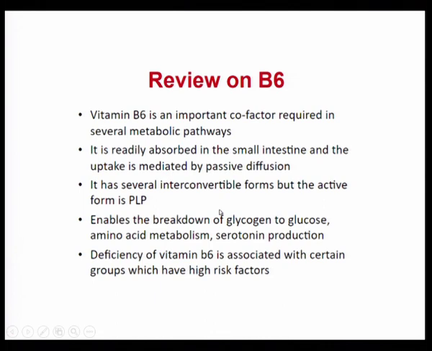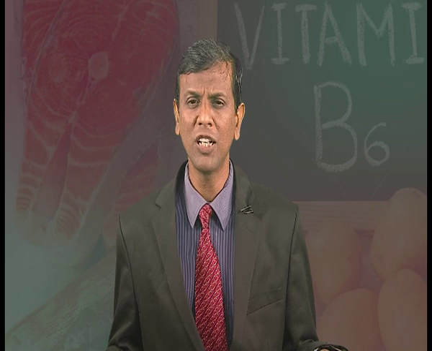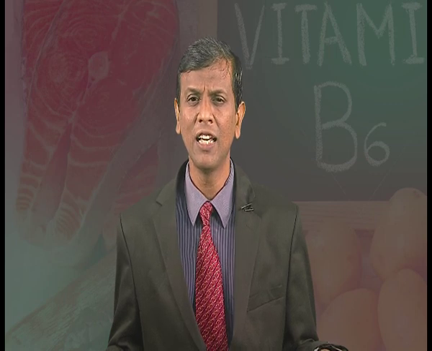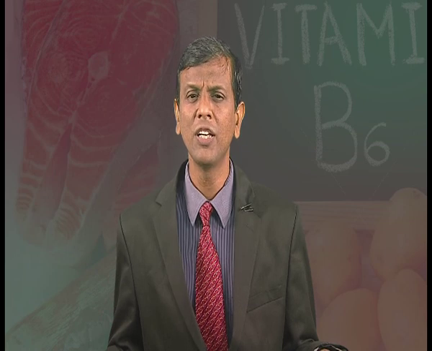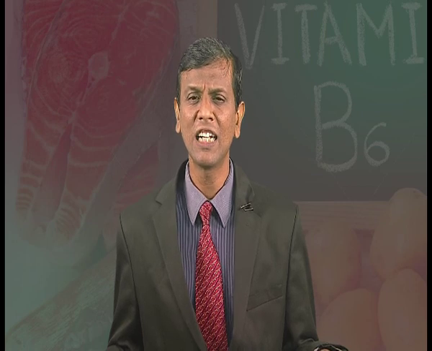So you can take down these questions. What is the metabolic role of pyridoxine, and how are the transamination and decarboxylation reactions catalyzed taking pyridoxine as a cofactor? This will be your first question in the review. The second one would be: what are the different types of deficiency diseases concerned with pyridoxine?